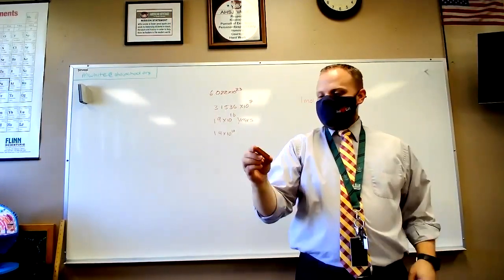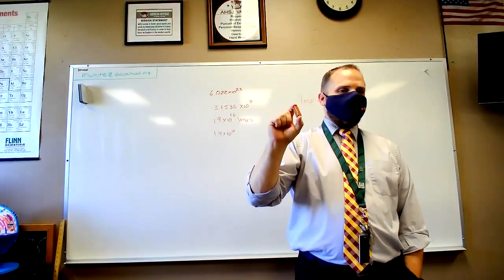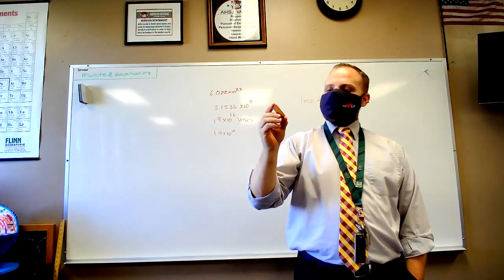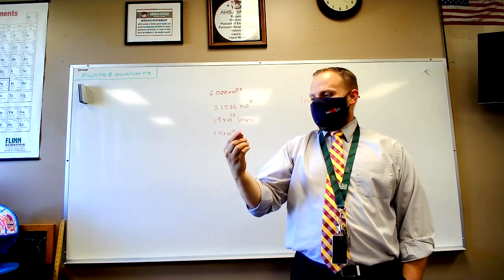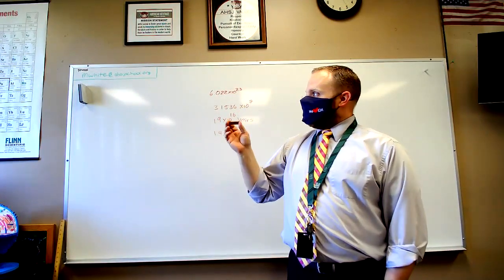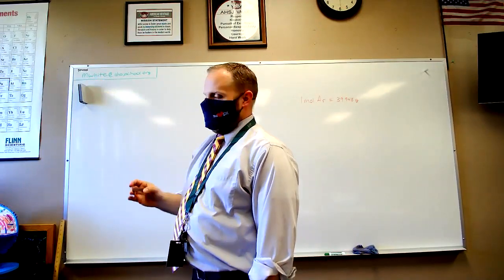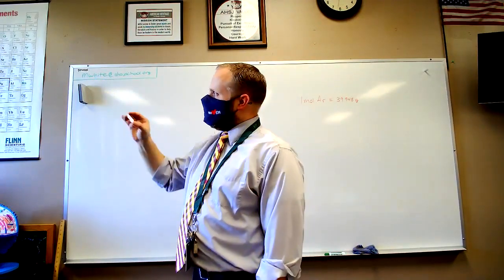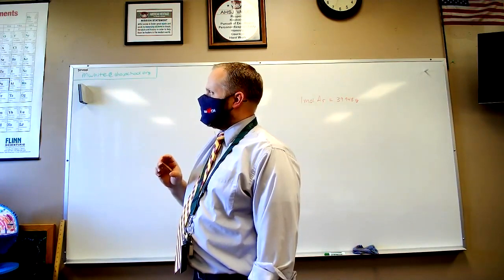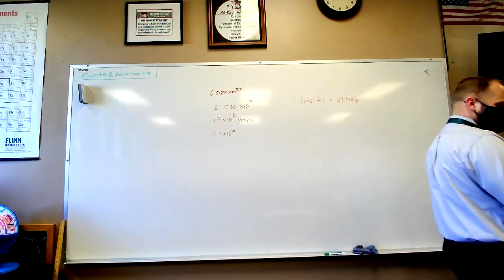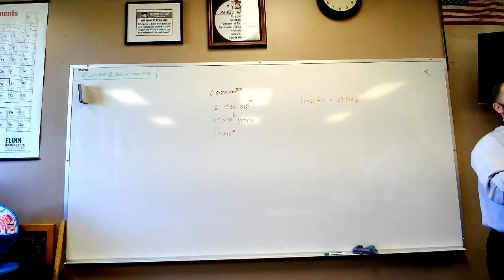I bet you could probably guess what metal this is. There's a good chance this is copper just by looking at it. If it is copper, how heavy should this be on the balance? About 63.5 grams. Now, I've had this for a little while.